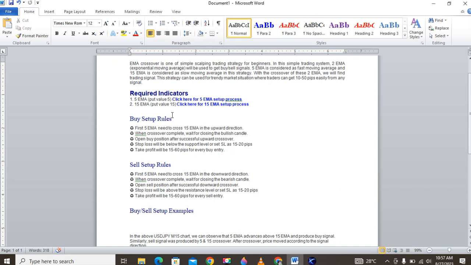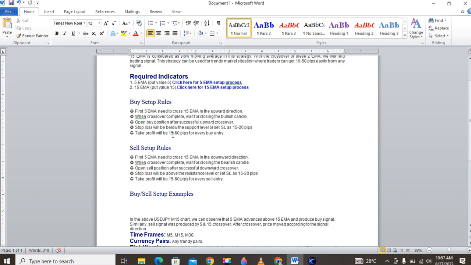Now this is the buying rule. If you want to buy, you want your 5 EMA to cross above the 15 EMA. Once the 5 EMA crosses above the 15 EMA, it means the market is in an uptrend. That's a signal to buy. When these two moving averages cross successfully, then you buy.